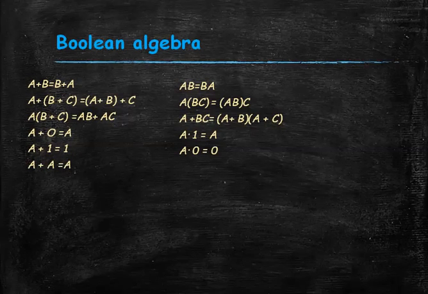A or A equal to A, its dual A and A equal to A. A or A bar equal to 1, its dual A and A bar equal to 0. A double bar equal to A, its dual is the same, A double bar equal to A.